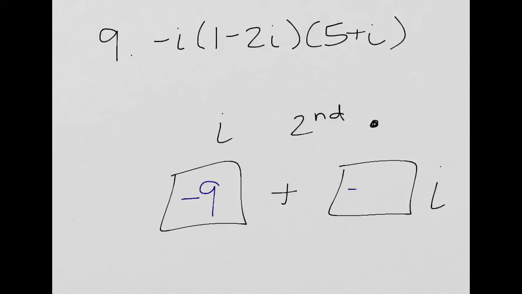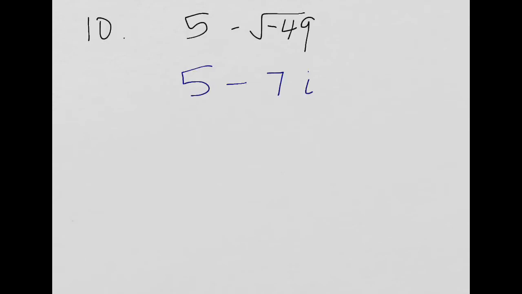So just put -9 and a -7 in the second box. Number 10. So the 5 is the real part, so it'll stay. The minus will stay. Square root of -49 gives me an i. Square root of 49 is 7. So that was answer choice A.